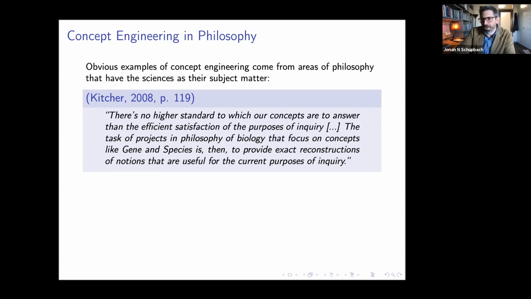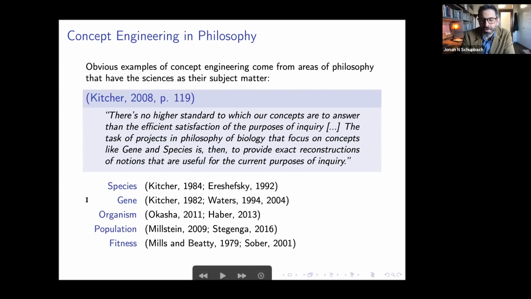And we see a bunch of examples in the philosophy of biology where people are explicitly interested in engineering new versions of concepts. They're not very interested in worrying about the similarity of their new concepts to the old concepts. They're far more interested in seeing the potential fruitfulness for the sake of biological practice of adopting these new conceptual schema. And there's a bunch of examples there of work within the last few decades doing exactly what I just described.